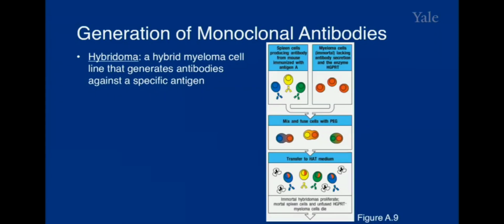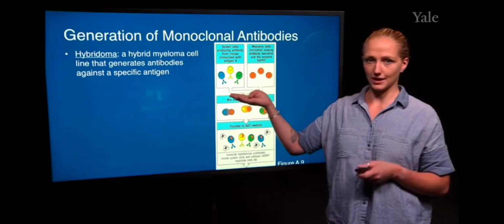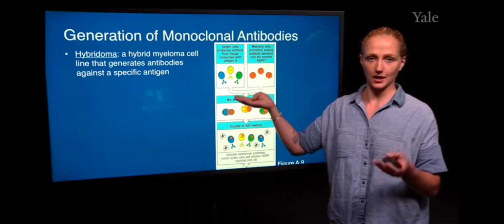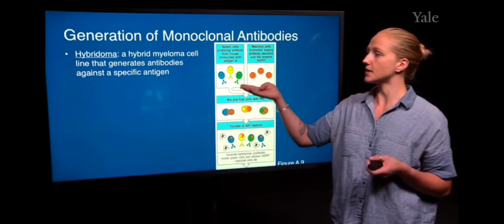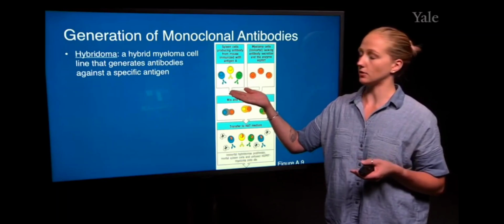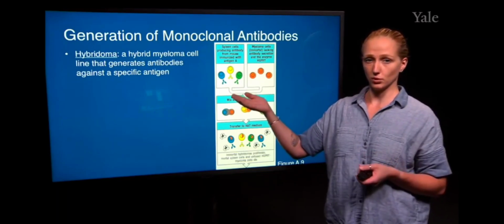And so you take spleen cells from a mouse that has been immunized with antigen A, representing any antigen of your choosing. This will elicit a variety of B cell clones that will target this antigen. This would be a polyclonal population.